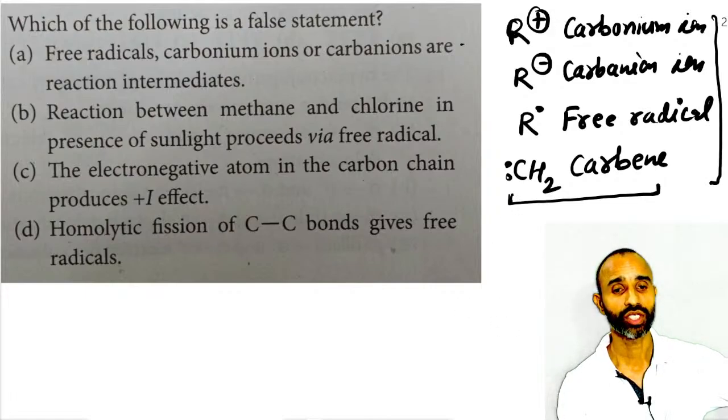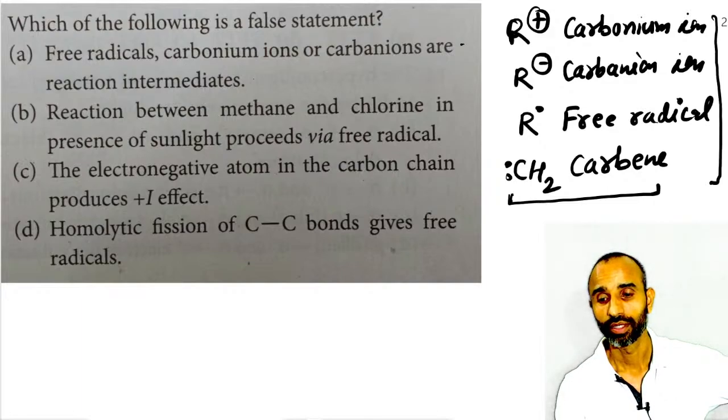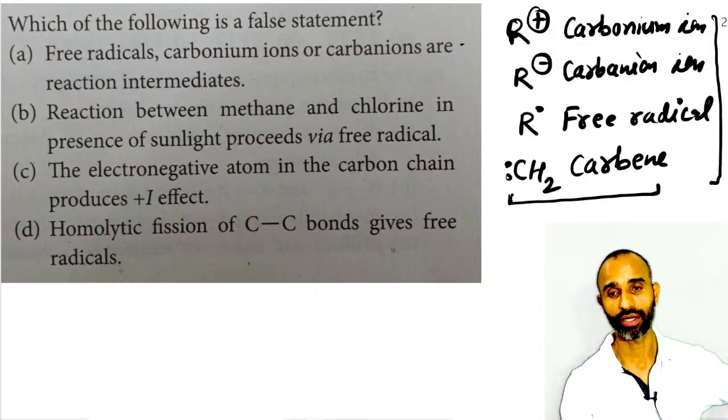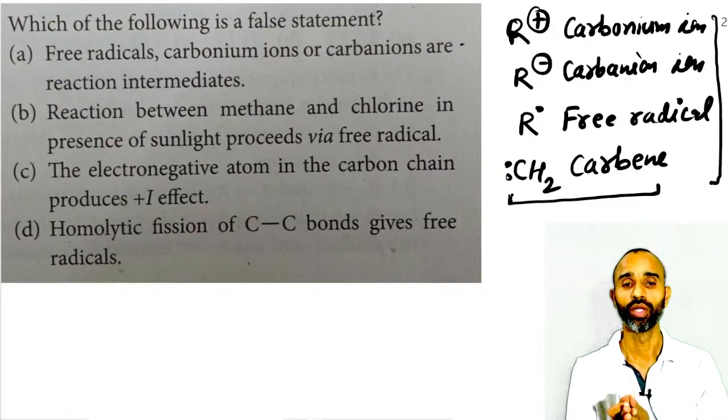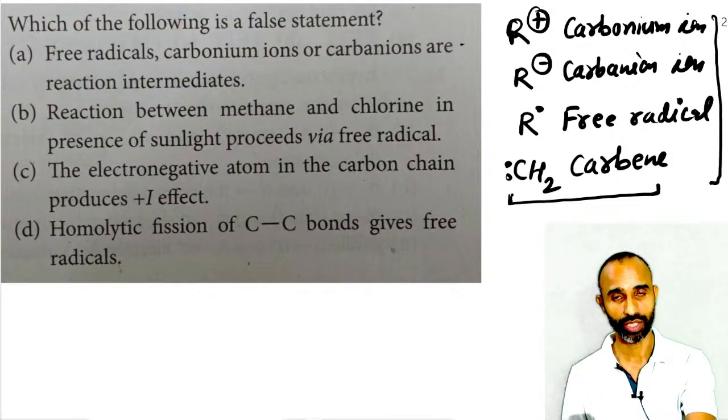Next is, reaction between methane and chlorine in the presence of sunlight proceeds via free radical. Is it true? True, sir. Chain initiation, chain propagation, and chain termination. So there is a trick. How do you know that this particular reaction is free radical?